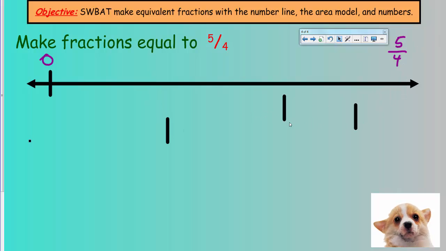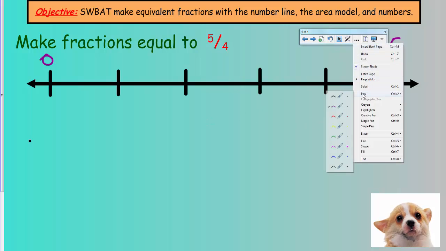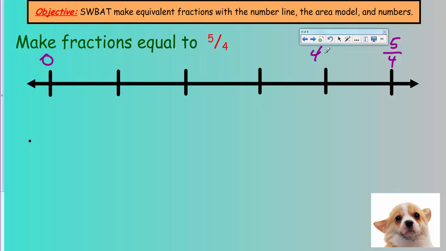Let's just ignore this guy for the time being and say that's going to be my whole here. So this is going to be my half. And I'm just thinking fourths right now, so I'm trying to make 4 equal pieces. See that? And then now I have 1, 2, 3/4. We'll do one more. See, that'll be that guy right here. Bring him over. All right, that would mean that this one up here is going to be 4/4.